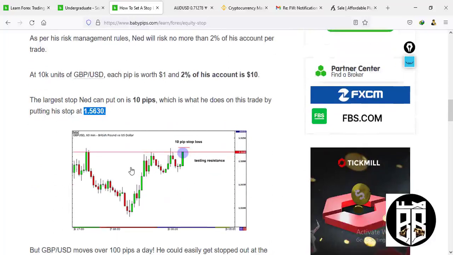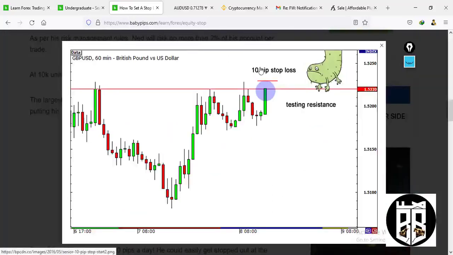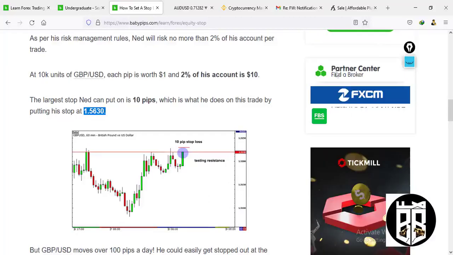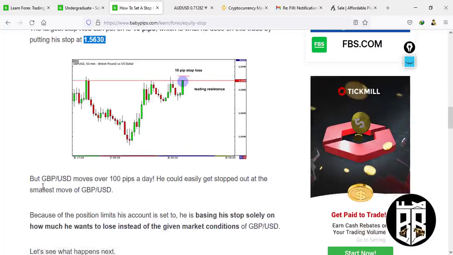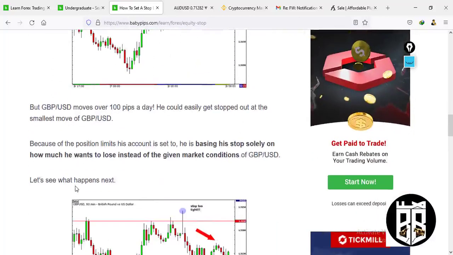Now look at the chart and look at where his stop loss is. Look at the resistance, 1.5620, and his stop loss just 10 pips ahead of it. So let's see what happens. The GU moves over 100 pips a day. He could easily get stopped out at the smallest GU move.